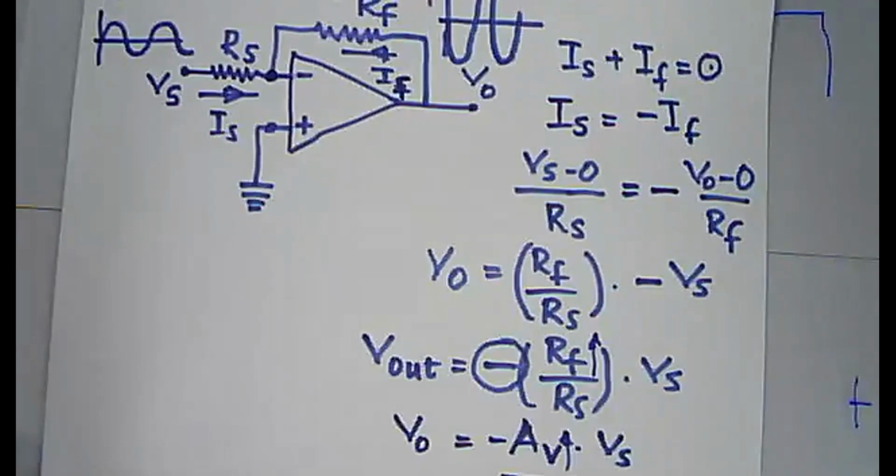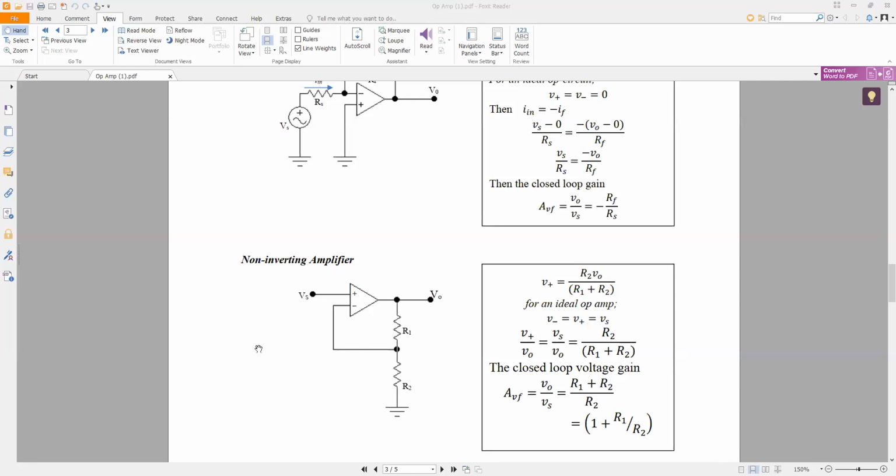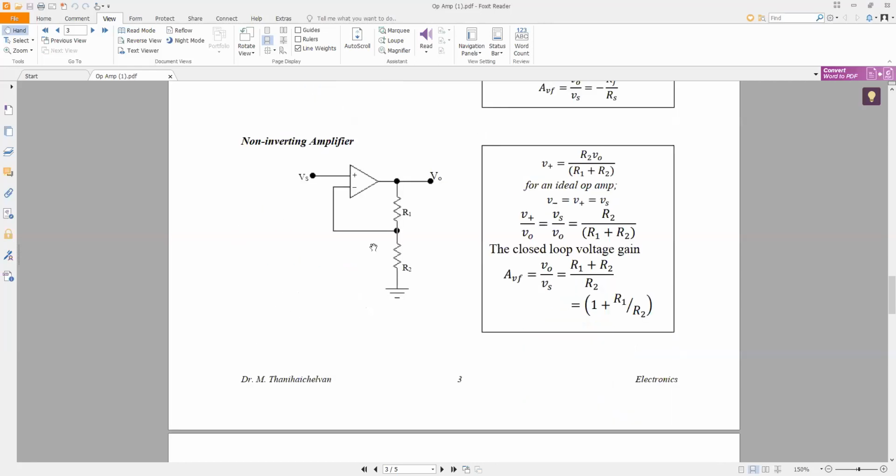Similarly, now we can see the non-inverting amplifier, right? You can see the circuit diagram of the non-inverting amplifier here. There is a Vs here.